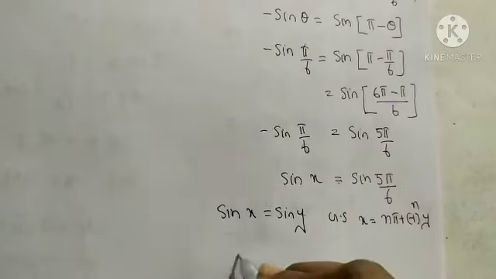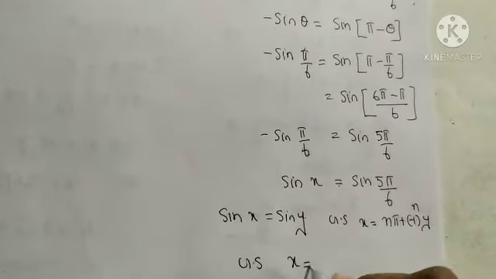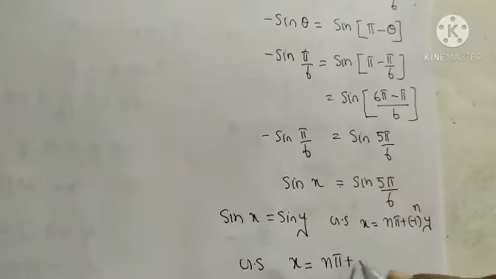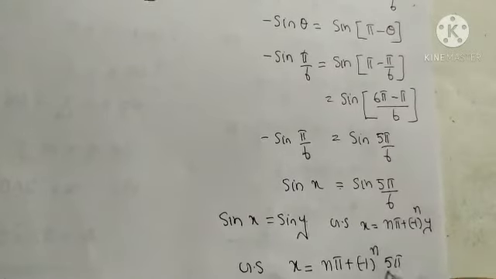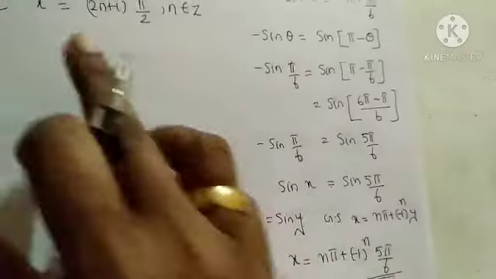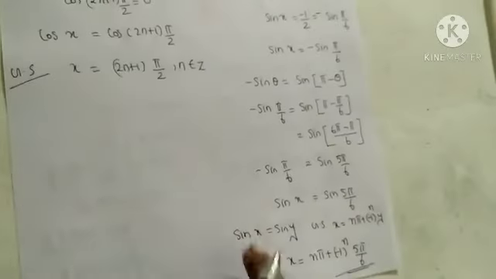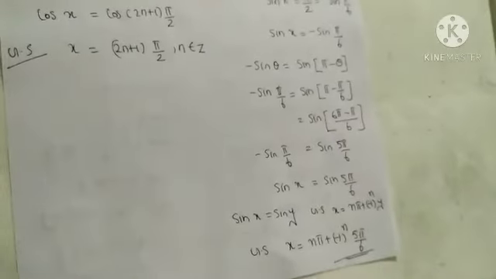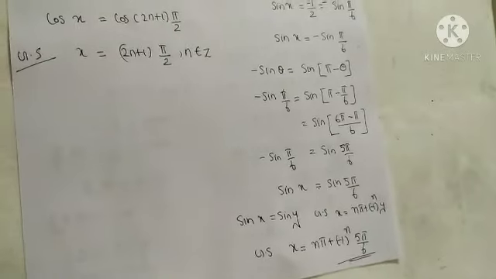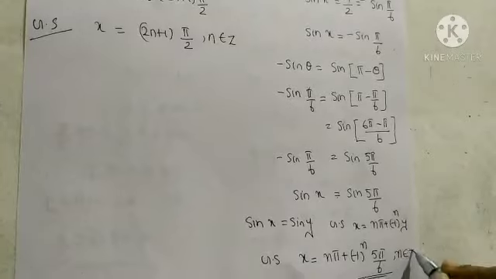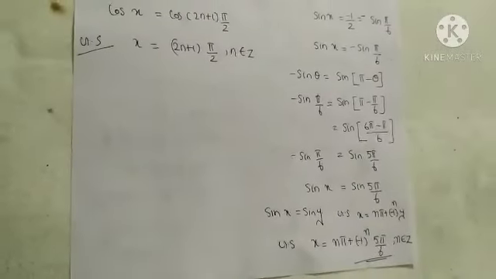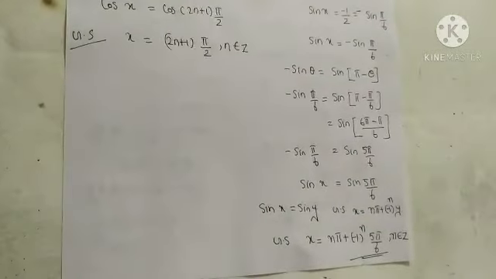So the general solution is x equal to n pi plus minus 1 all raised to n, into 5 pi by 6. So these are the two general solutions of this question. And also write that n is always an element of Z. Okay, I hope you understood this question.